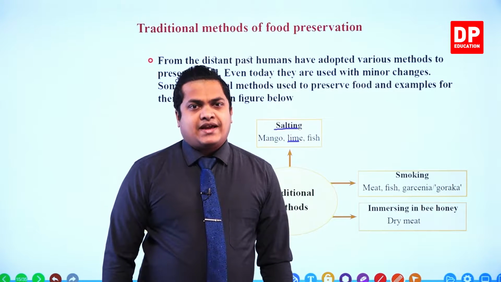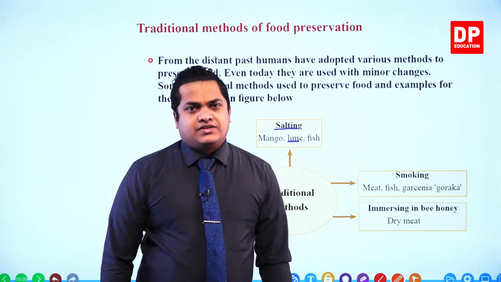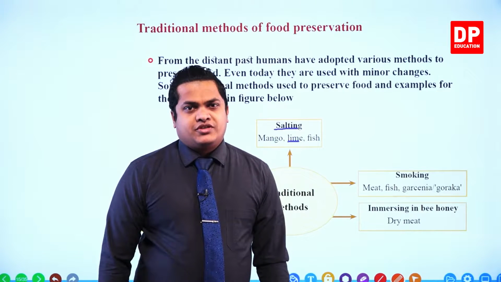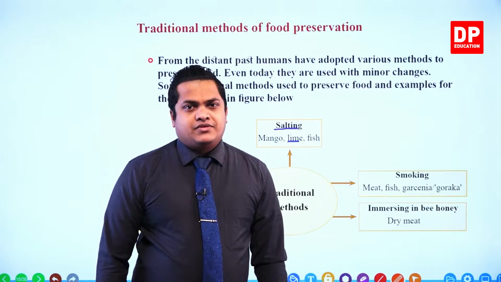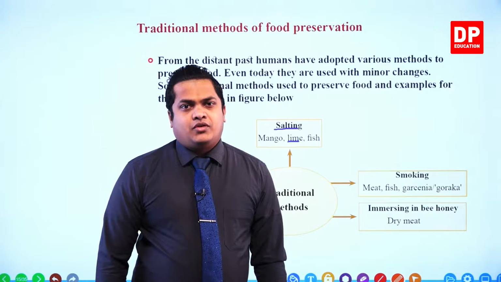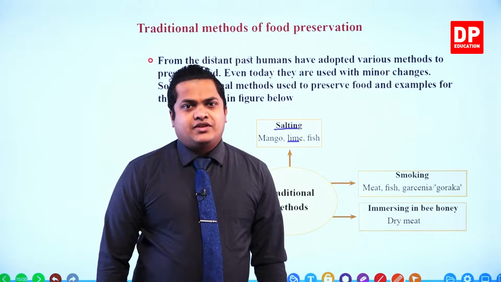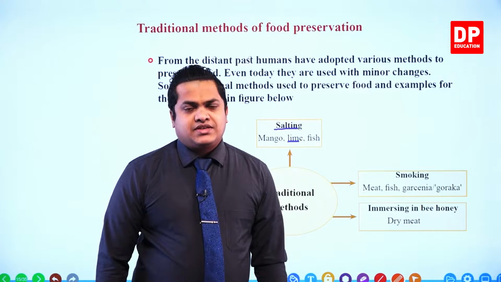It's because for the growth of microorganisms, water or moisture is very important. So if you can reduce or avoid the moisture in food, then you can reduce the spoilage process.